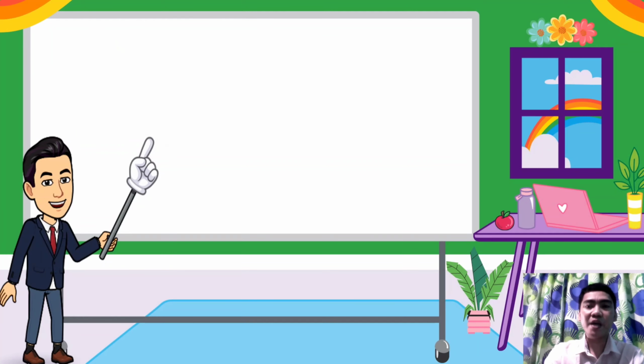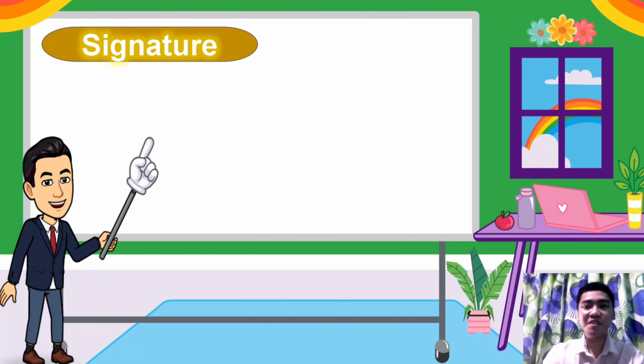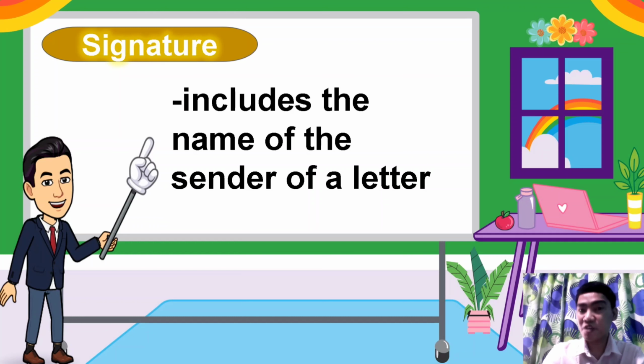All right, and of course, remember, a letter must have a sender and a receiver. And you as the writer, you can put now your signature, include the name of the sender of the letter. So you are the sender of the letter, and it's important to write your name.